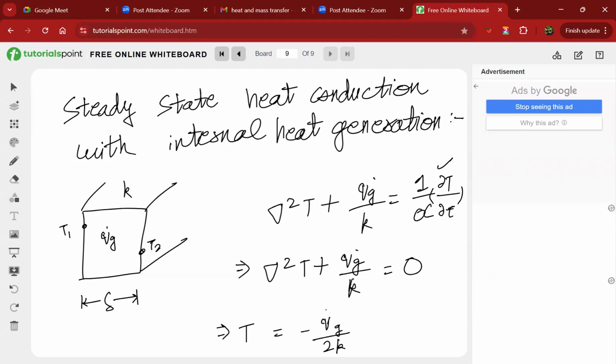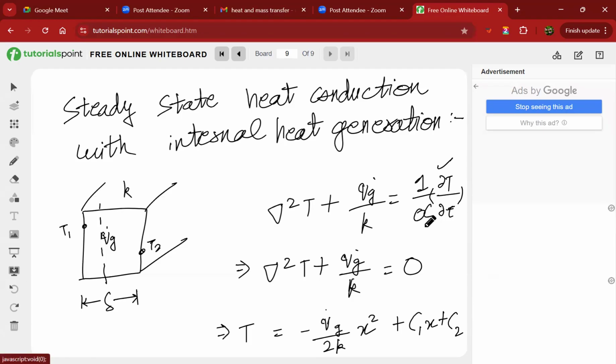So it is equivalent to T = minus Qg by 2k into x square plus C1 x plus C2, right? Where C1 and C2 are the integration constants and we can apply the boundary conditions. And after applying the boundary conditions, what can we basically write? Suppose I want to know what is my heat content at a particular distance x.